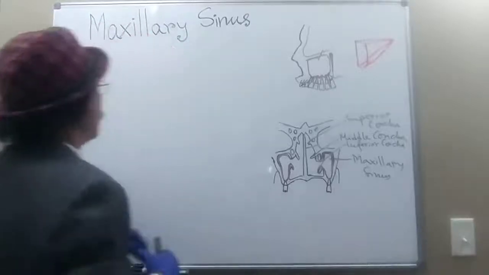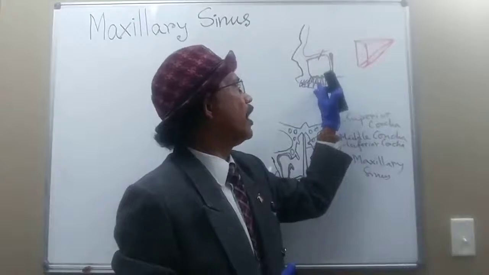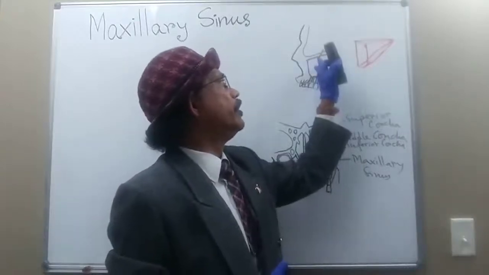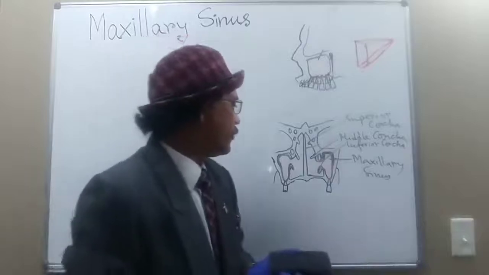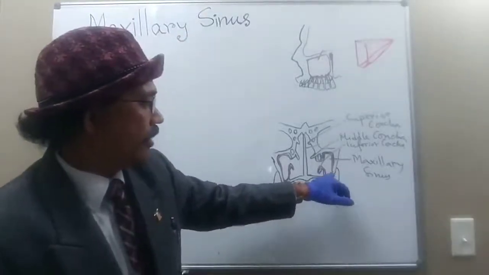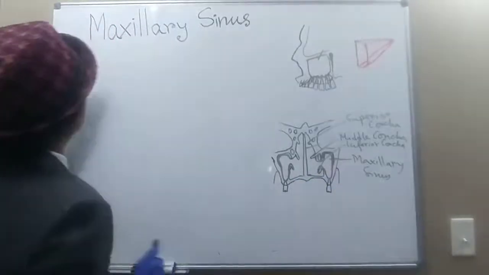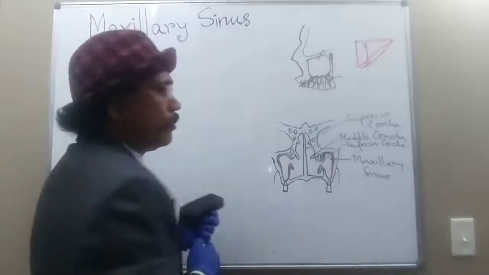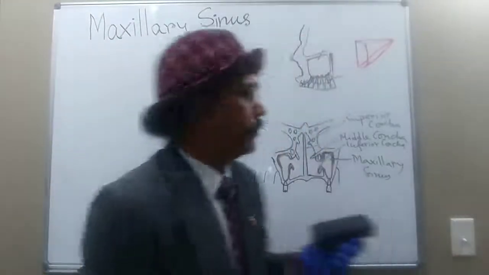Okay, we got that. The relationship of the upper jaw teeth to that of the maxillary sinus. Here are the teeth related to the maxillary sinus. Now we go through some of the clinical anatomy.